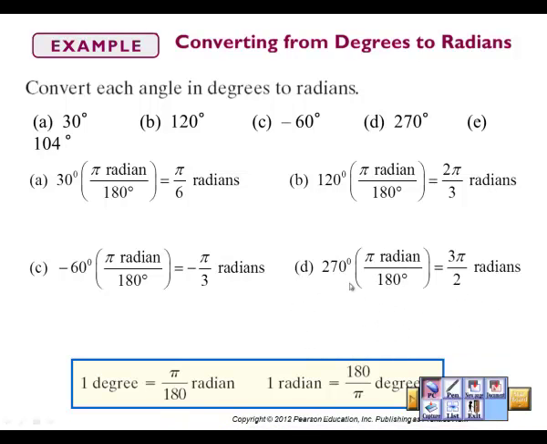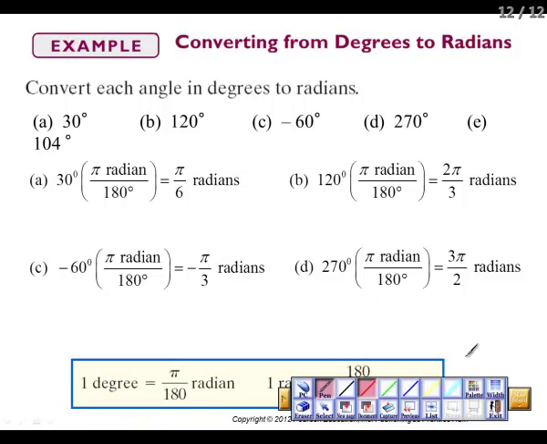And here's 270. If you were to look at the unit circle again, here's 90, 180, 270, 360. Here it's going 1.5 of pi.